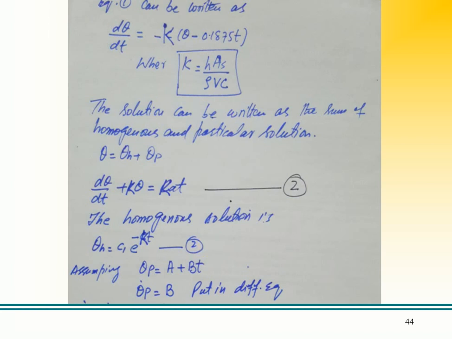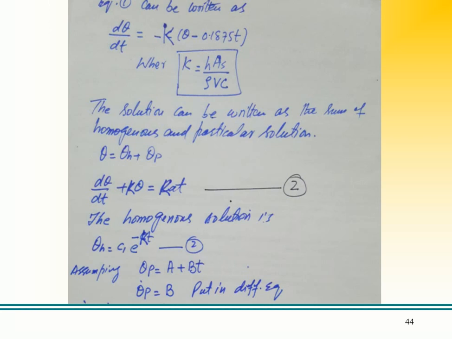Now the challenging thing is the particular solution, because you have forgotten what we studied in the previous classes. If you see the right side of the equation, you will see what the function is. In our case, the function is a linear equation, so we can assume the particular solution a plus bt.